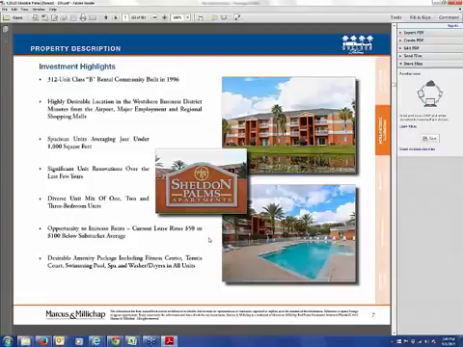Because the thing that makes an A-class property turn into a B is time and more newer A-class properties. So if they are bringing more A-class properties online in this marketplace, you're starting to see these nice properties move quickly into B. So I am not going to be able to compete against these new A units. This is a solid B-class property, and that's all I'm going to be able to compete against.